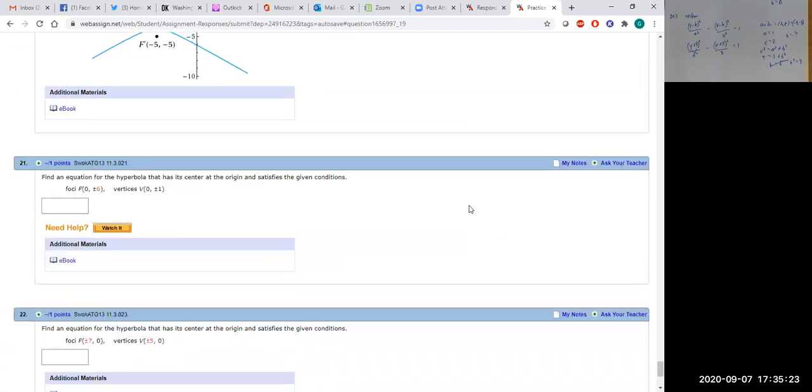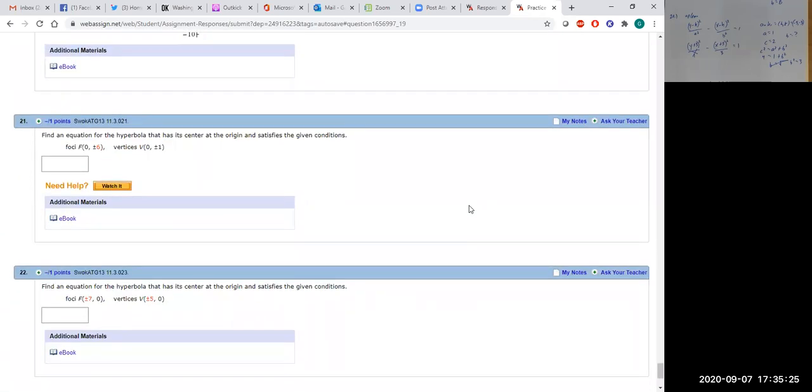Yep, a couple more. So now we have the ones where they give us information, and with the information they give us, they want us to find the equation of the hyperbola. So this is going to be number 21.